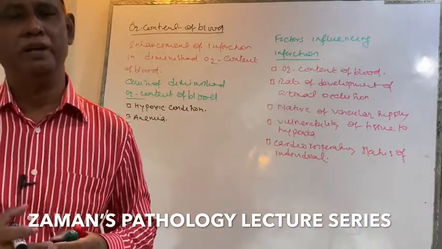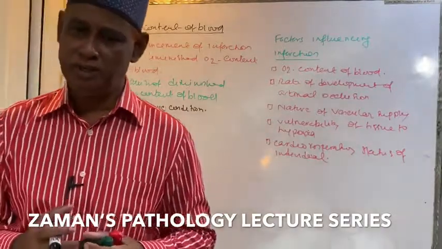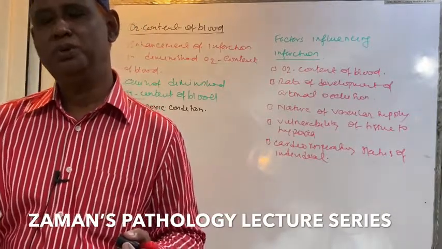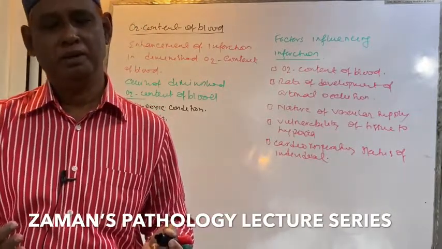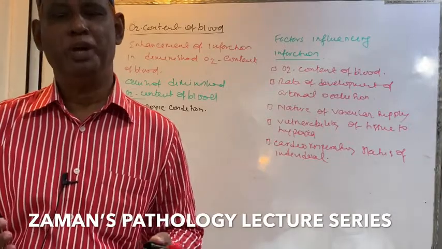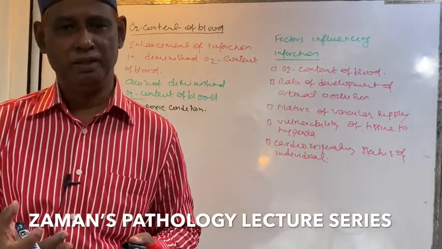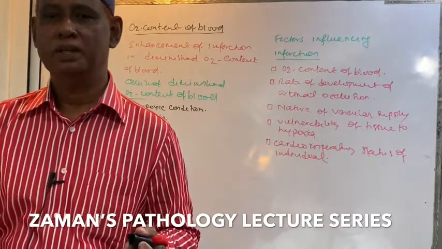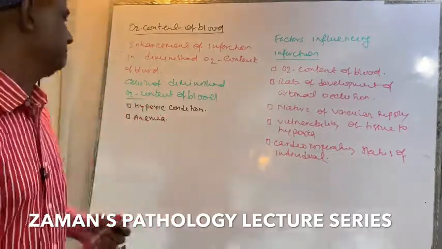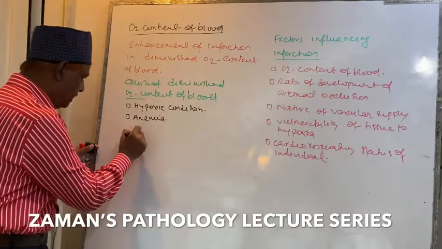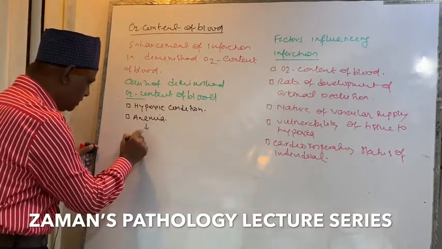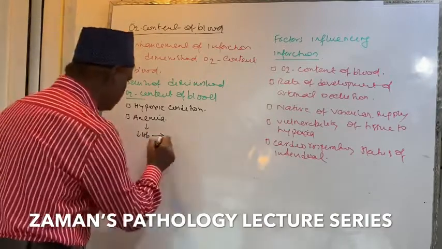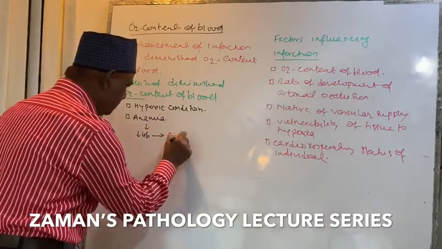One is hypoxic condition. Whatever may be the cause of hypoxic condition, if the individual is in hypoxic condition, there is diminished oxygen in the blood. Anemia. Dear audience, reduction of hemoglobin per unit volume of blood below the normal level as per age and sex is called anemia.